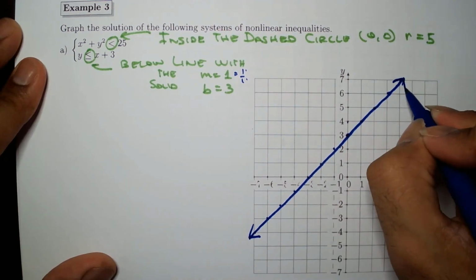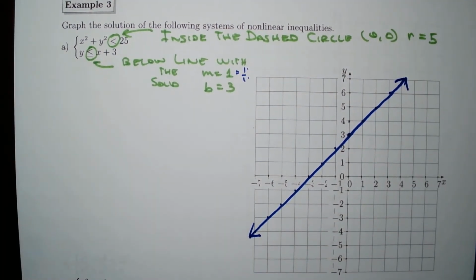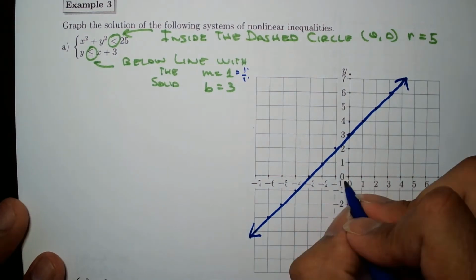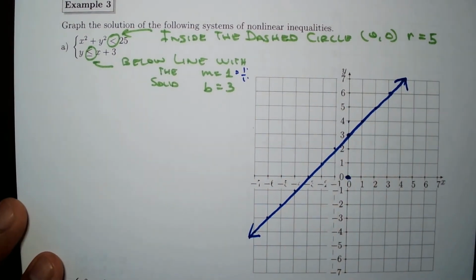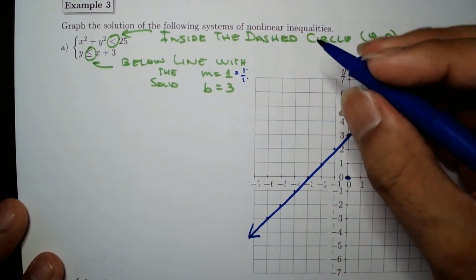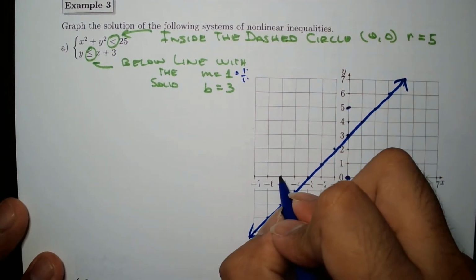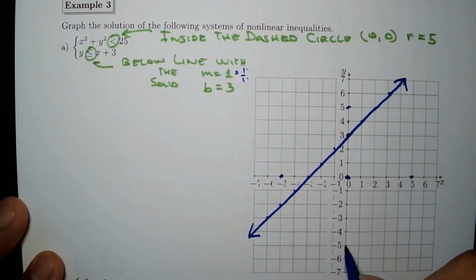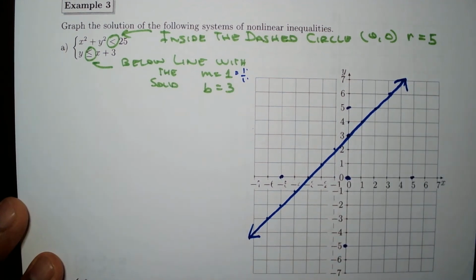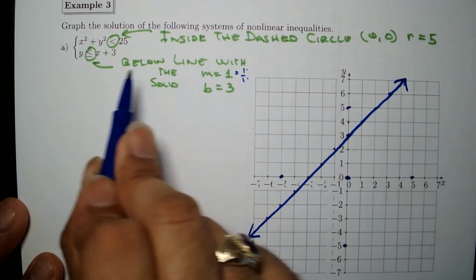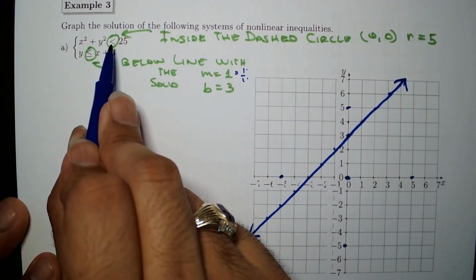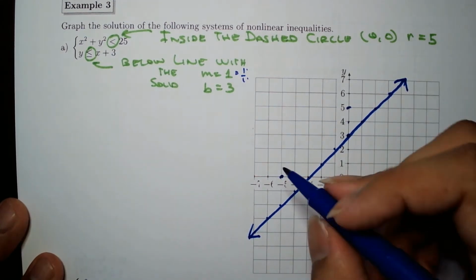All right, what about the circle? Well, the circle is centered at the origin and has a radius of 5. Okay, so I'm going to go 5 units, 5 units, 5 units, and 5 units. But it's not going to be solid. Remember, it's dashed, because it's only less than, not less than or equal.